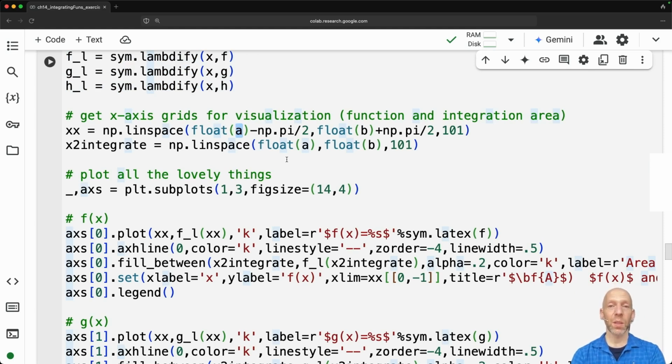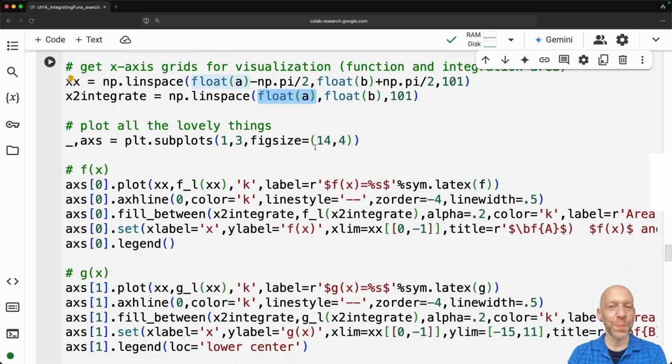That error message comes from the fact that linspace, and NumPy in general, is expecting a number, whereas a is defined as a symbolic variable. So you need to convert from the symbolic representation of pi to the numeric approximation to pi. So that's why I have all these floats floating around in here.